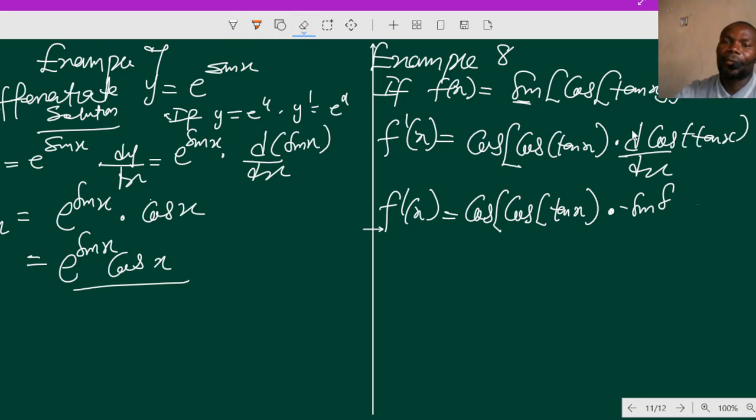Let me write it the way you will understand. Derivative of tan x dx.